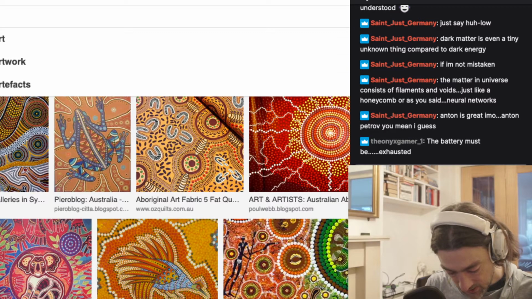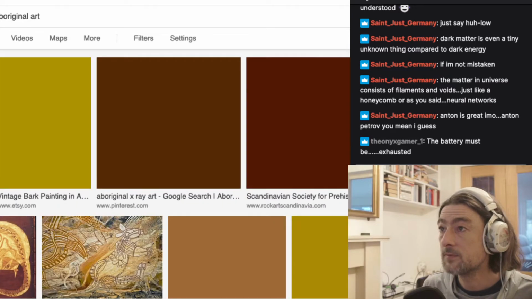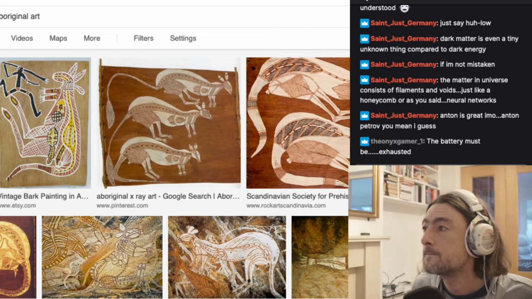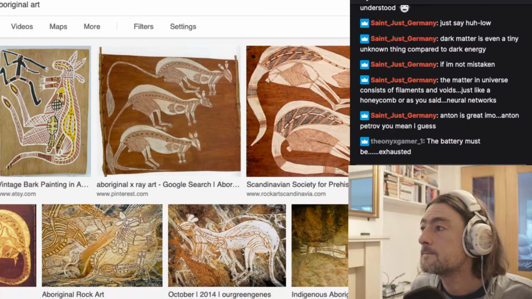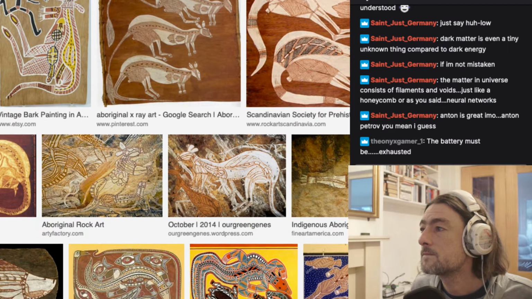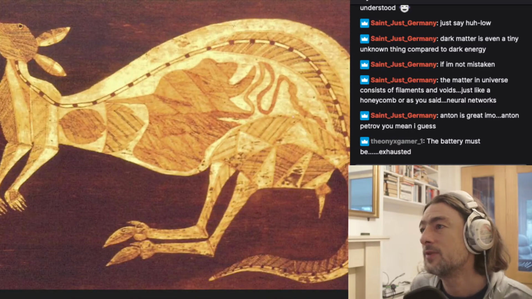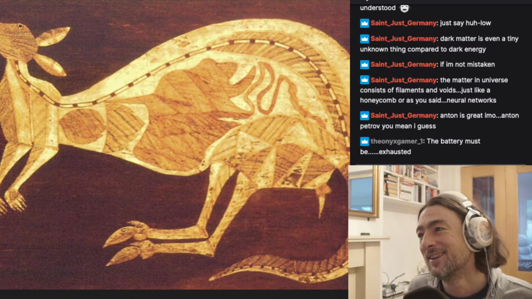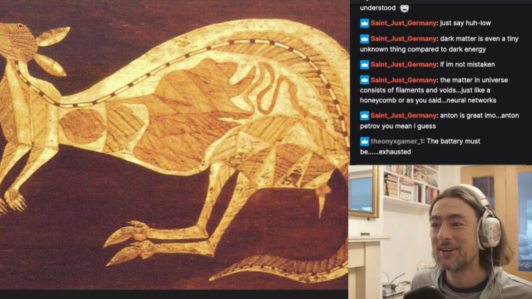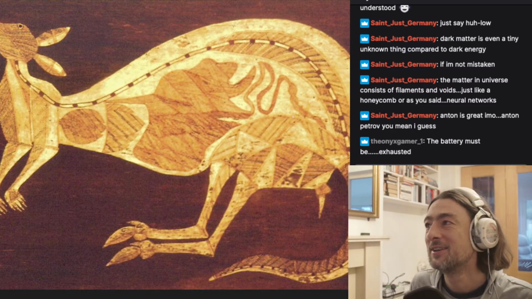Ancient X-ray paintings. That's where we came from. And why has that got anything to do with the dark matter? Scotty Hottie can't remember. I can't remember.